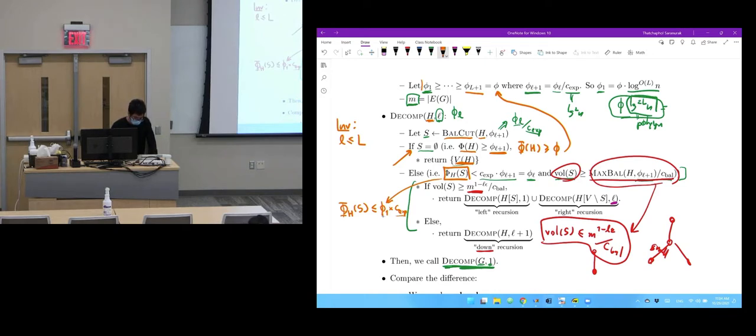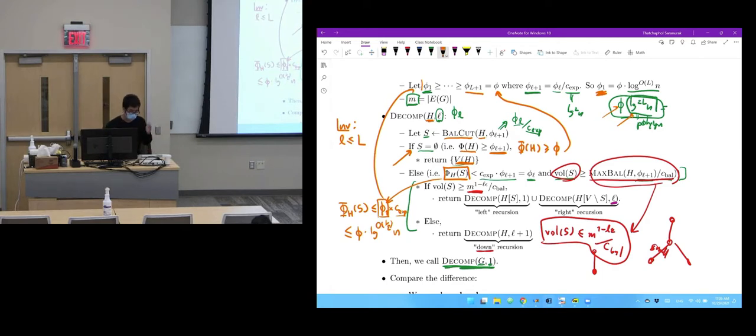And it can be phi_1, and phi_1 is the biggest, right? But even for phi_1, it's still at most phi times polylog, like log to the L, something like that. So it means that basically every cut that we found is phi times log to the O of 1 over epsilon sparse.